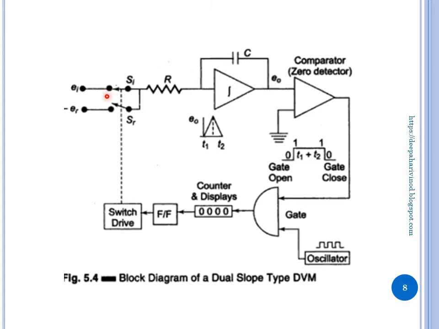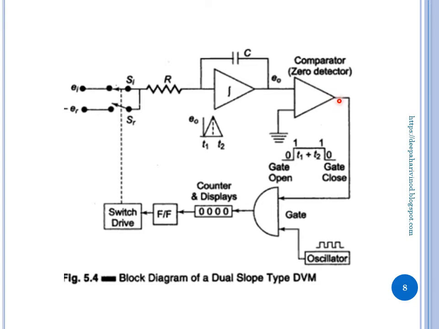When switch S1 is closed, the capacitor begins to charge. As soon as the integrator output exceeds 0, the comparator output changes state, which operates the gate so that the oscillator clock pulses are fed to the counter.